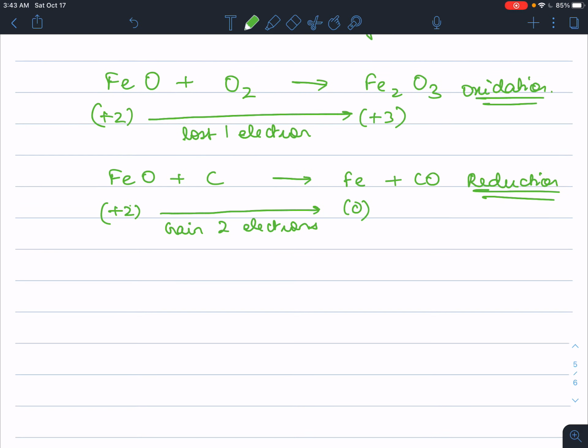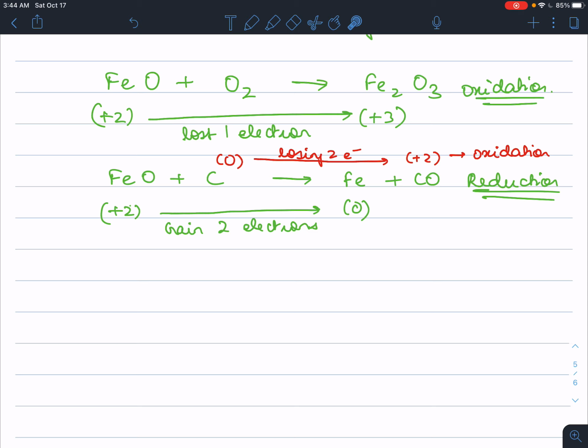So let's look at another part over here. What about carbon in this reaction? Carbon is 0 here, but here it is plus 2, because oxygen is minus 2. So carbon is undergoing oxidation. It is losing 2 electrons.